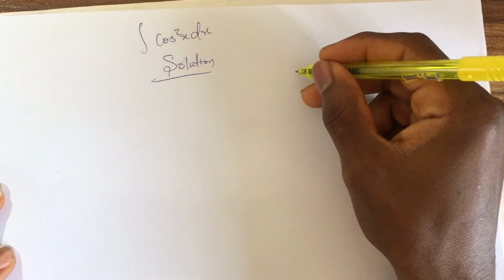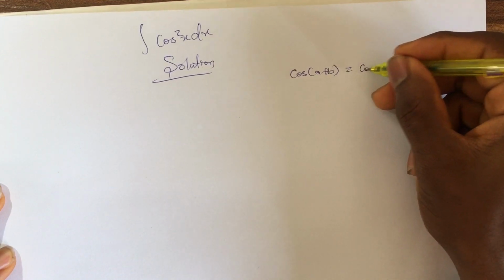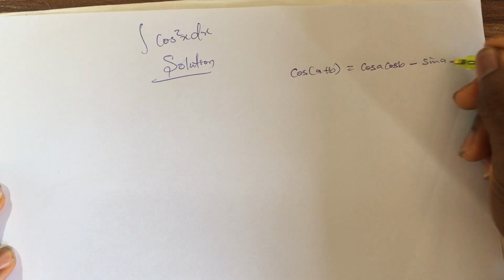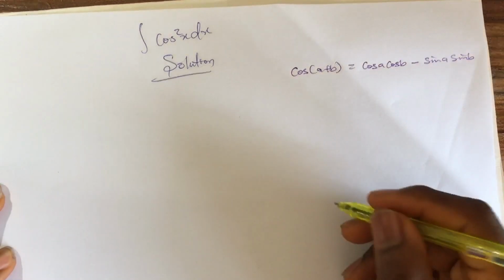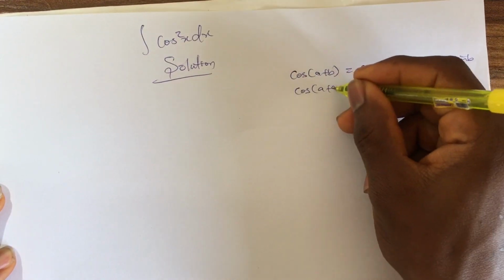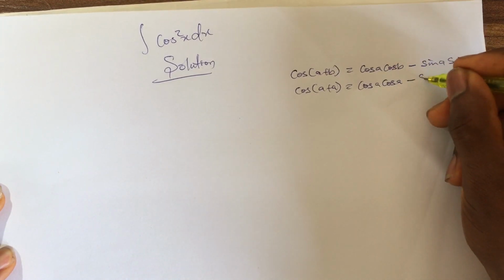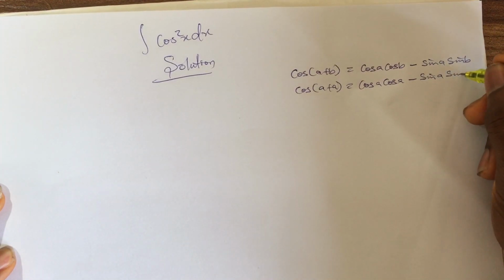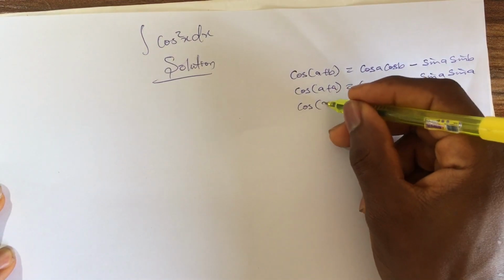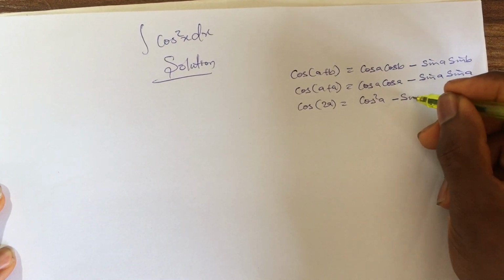We should know that cos(A + B) is equal to cos A cos B minus sin A sin B. Therefore, cos 2A, which is A plus A, is equal to cos²A minus sin²A.